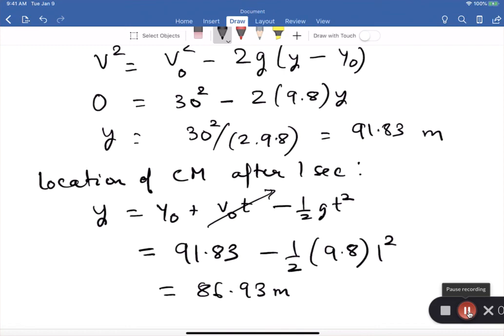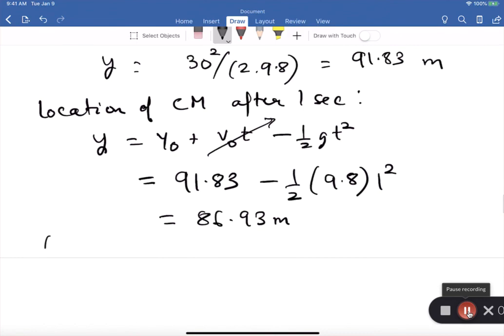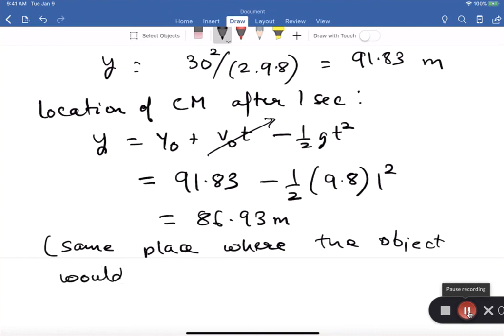That is where the center of mass of the object would be 1 second after the explosion, and it's the same place where the object would be if it hadn't exploded.